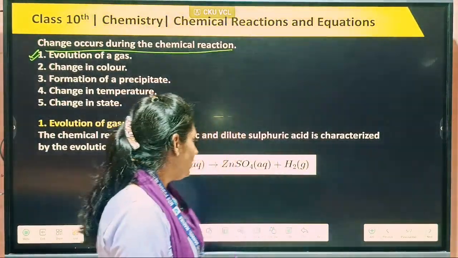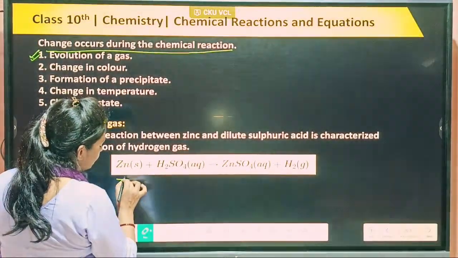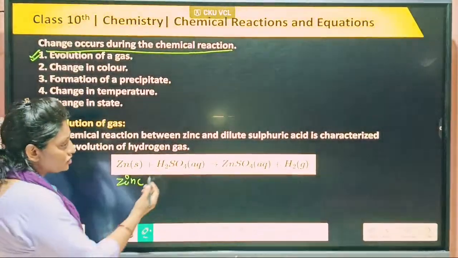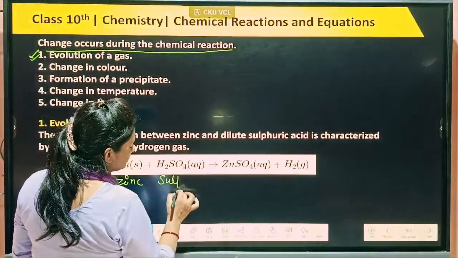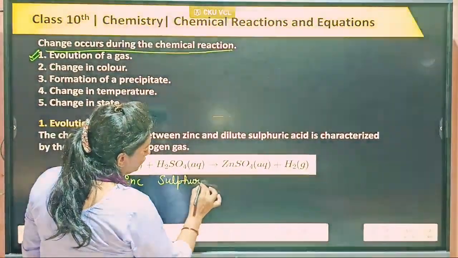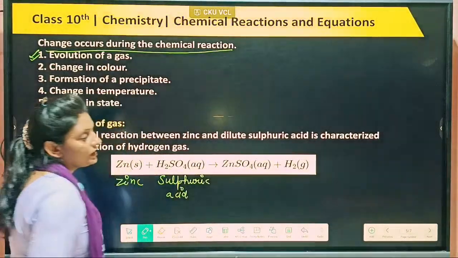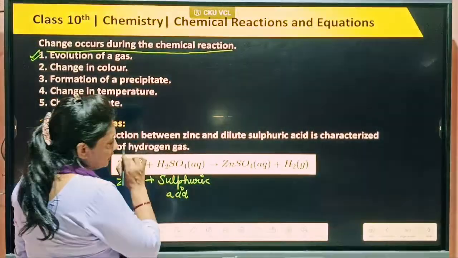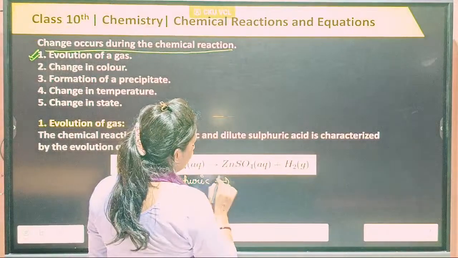Okay students, like if you have Zn, zinc is a metal. When it reacts with H2SO4, here H2SO4 is sulfuric acid. Then what will happen, students? They will give us ZnSO4.